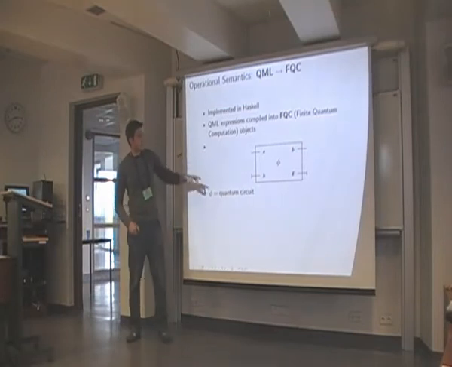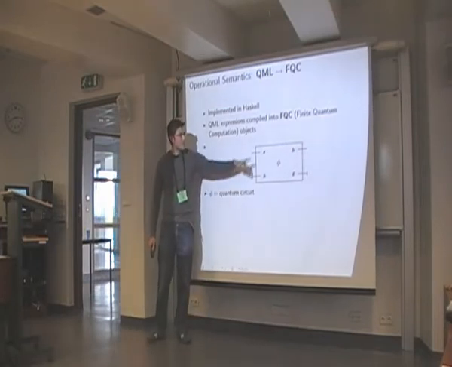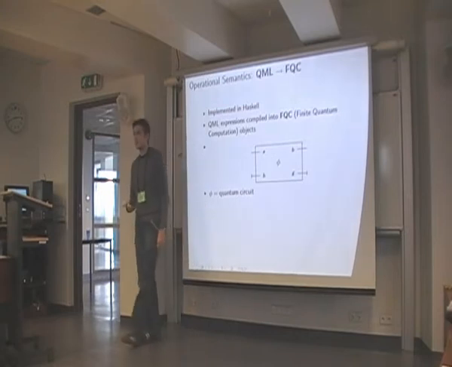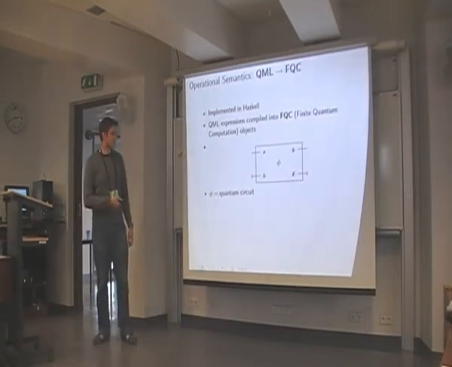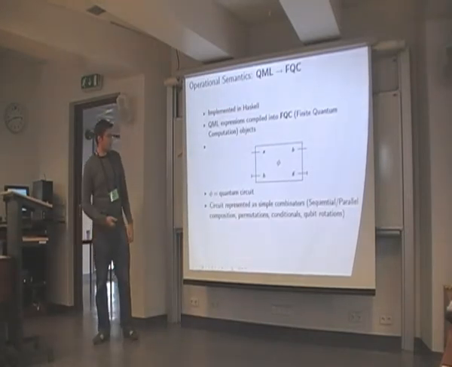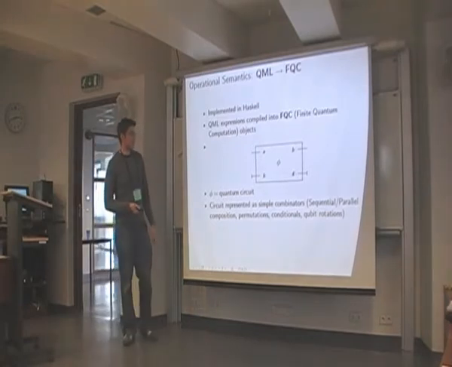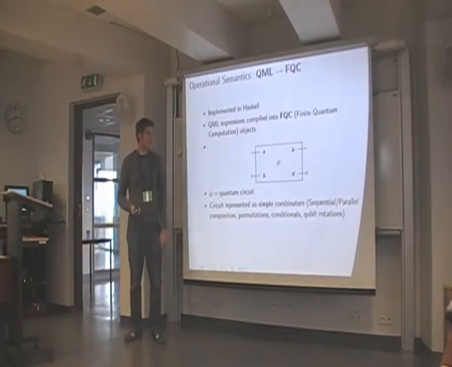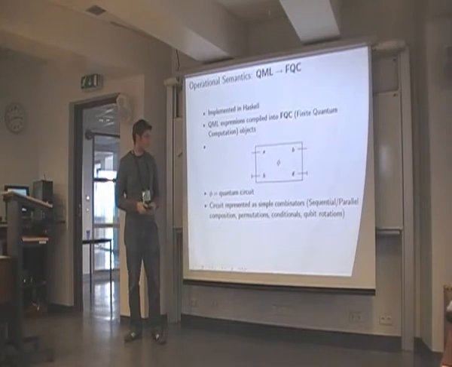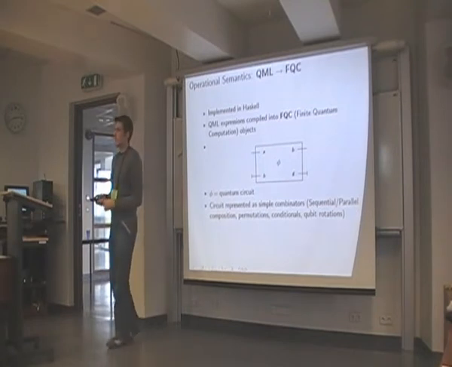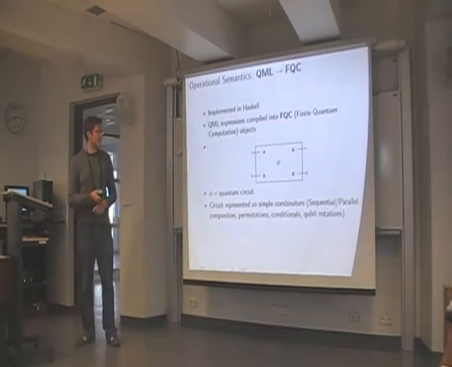And the mapping from the input tensor the heap to the output tensor the garbage is given by a reversible circuit. And these circuits are represented as simple combinators with sequential and parallel composition, permutations, conditionals, and qubit rotations. That was described in the last QPL by Alexander Green.